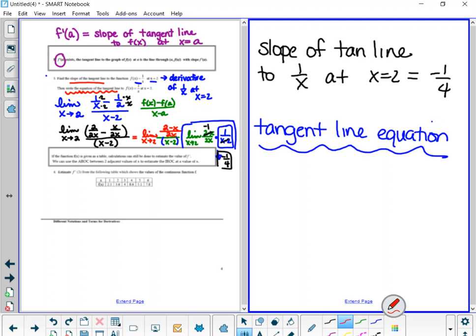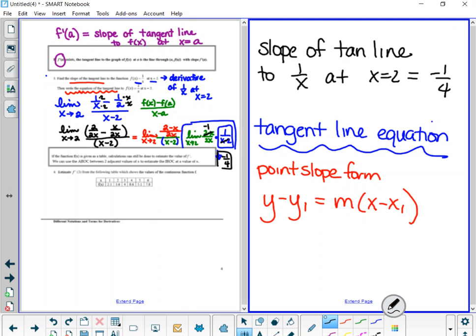And to do that, we're going to go back to an old friend from Algebra 1, Mr. Point Slope form. Oh no, no, we're going to love point slope. Mr. Point Slope form looks like this: y minus y1 equals m times x minus x1.